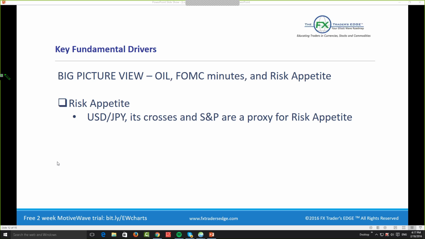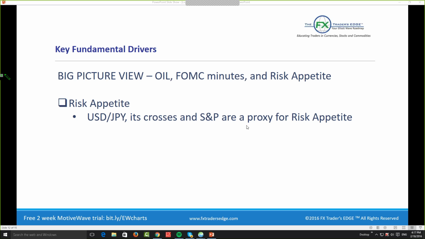When the dollar yen is moving higher and the stock market is moving higher, that's risk on. And of course, oil and gold, because those are the commodity prices, so they have a natural impact on risk appetite as well. And when commodity prices are moving up, risk appetite is increasing in this case.